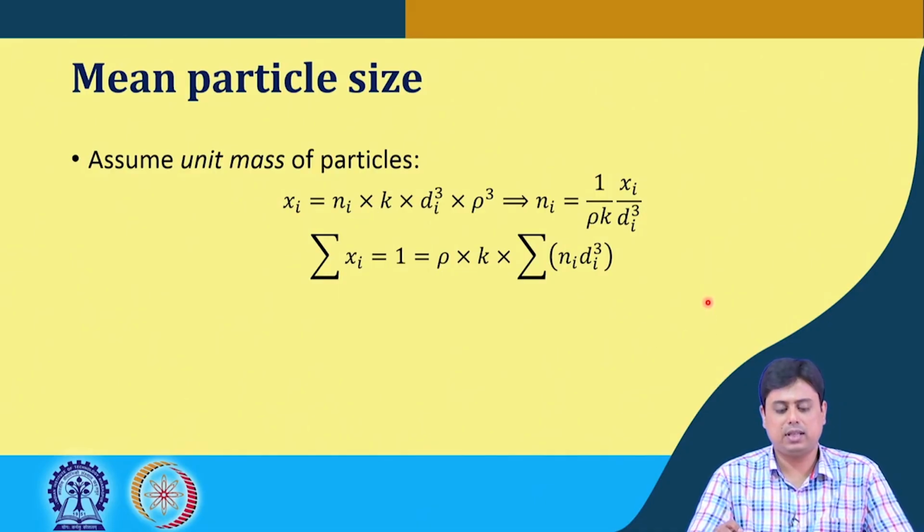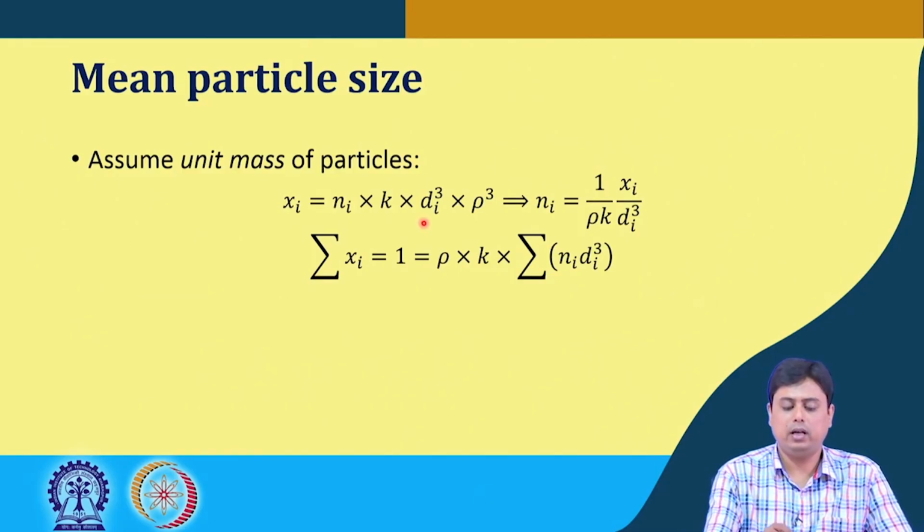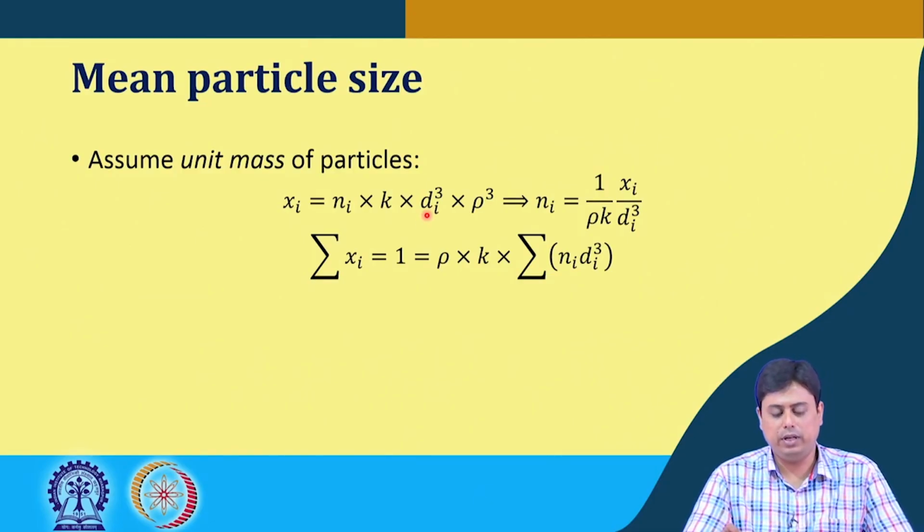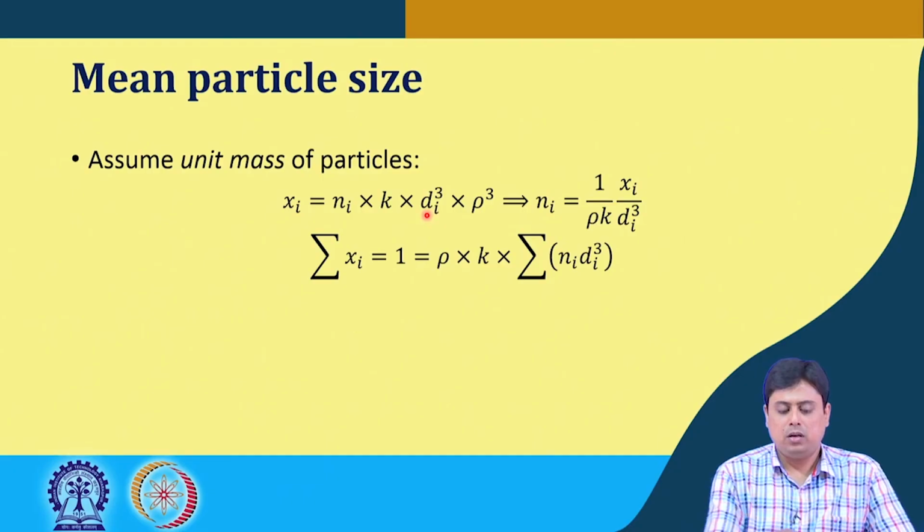Similarly, for the size 2 particle, it will be x2, n2 and an equivalent diameter of d2, and this summation of mass fractions is always equal to 1, which comes from this expression.